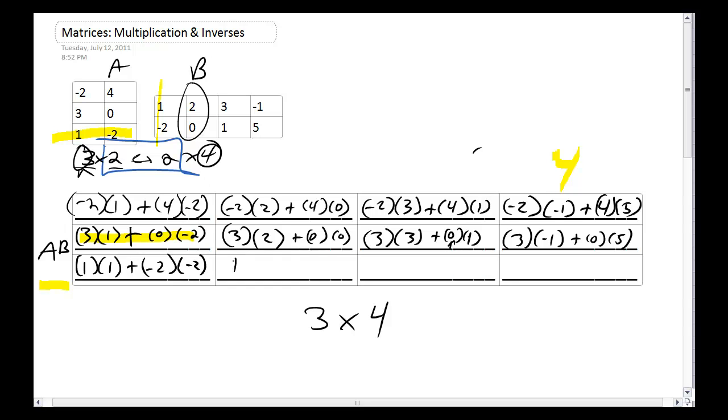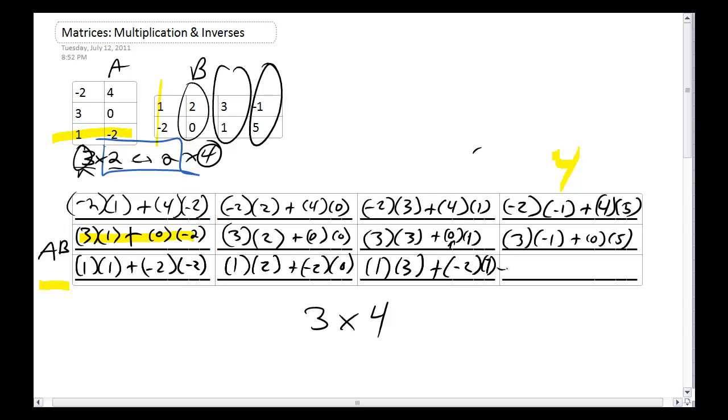Second column, 1 times 2 plus negative 2 times 0. Third column, 1 times 3 plus negative 2 times 1. And lastly, fourth column, 1 times negative 1 plus negative 2 times 5.